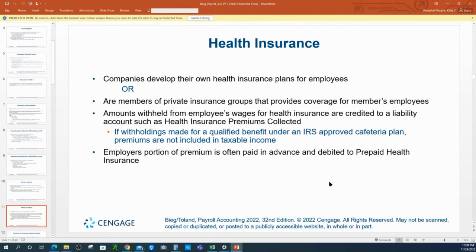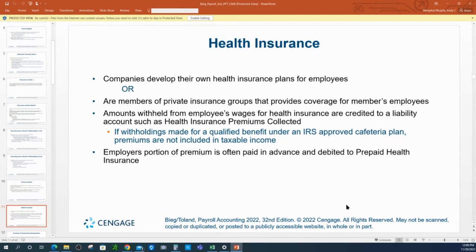Now we're at the point where we're recording it in the accounting system. Any amounts that are withheld from employee paychecks are going to be considered a liability, and they are going to be credited just like the taxes that were withheld, and just like the life insurance that may have been withheld.